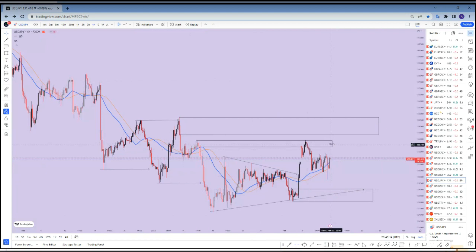We currently have a supply zone inside this zone, which would be this. So what I want to see is, we might get a reaction from here.